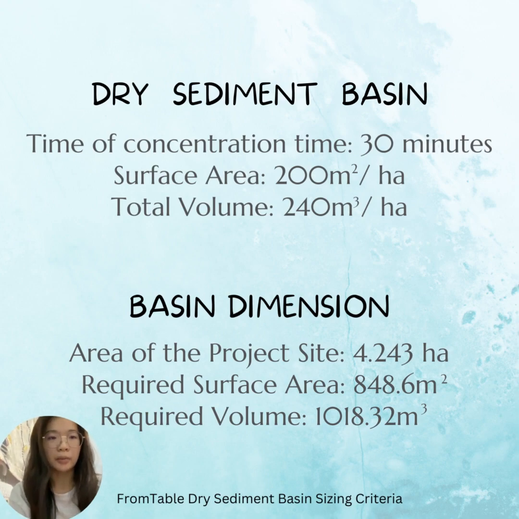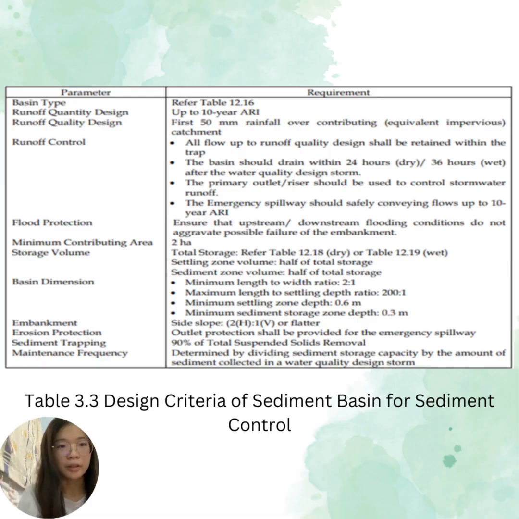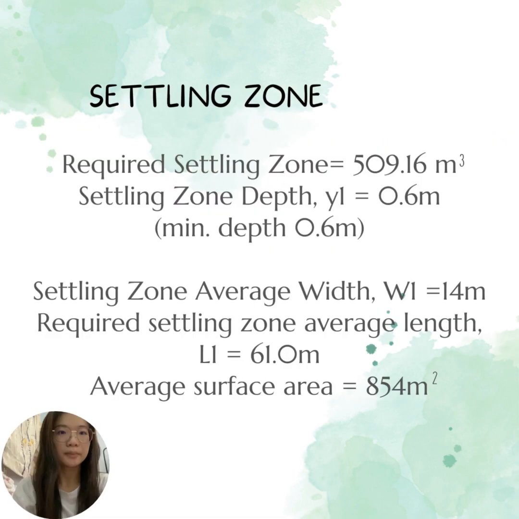For the basin dimension, the required area for the project site is 4.243 hectare and the surface area is 848.6 meters square and the volume is 1018.32 meters cube. And this table is the design criteria of the sediment basin for the sediment control.